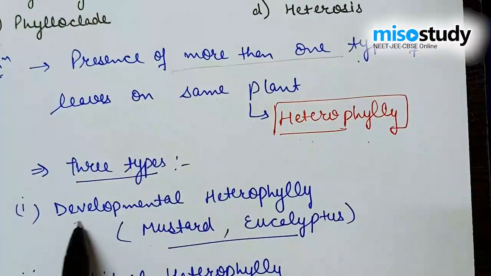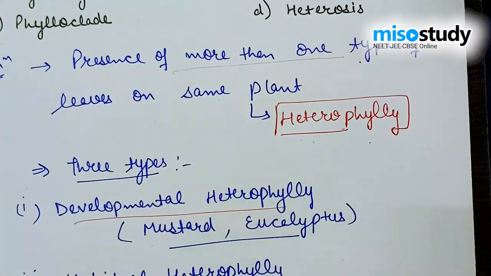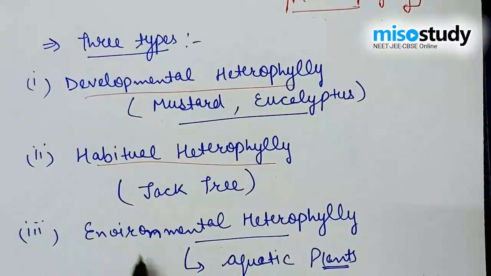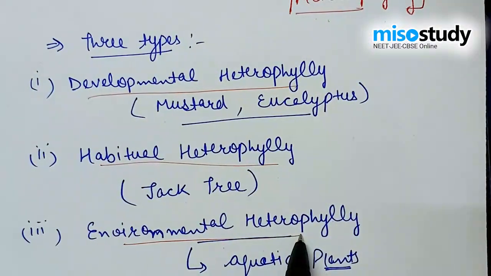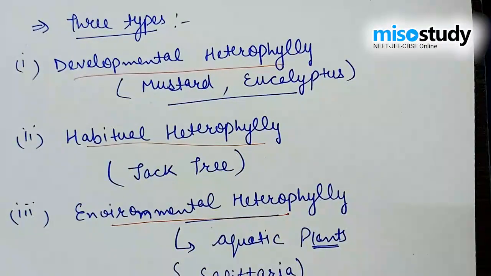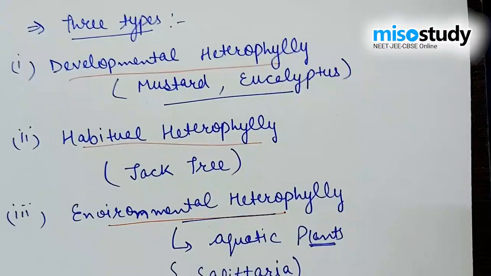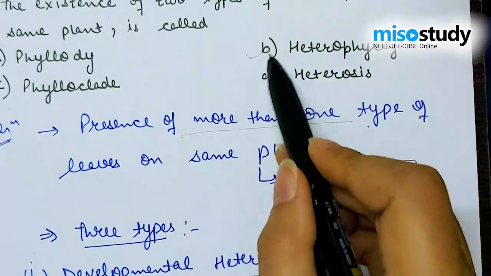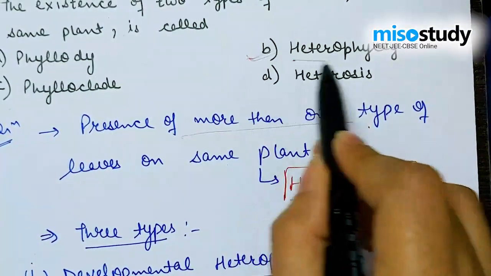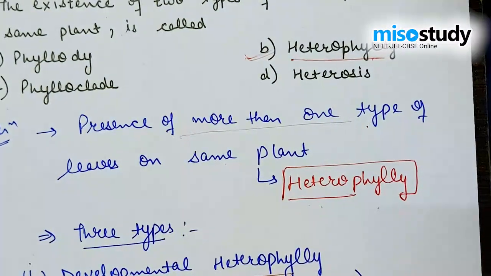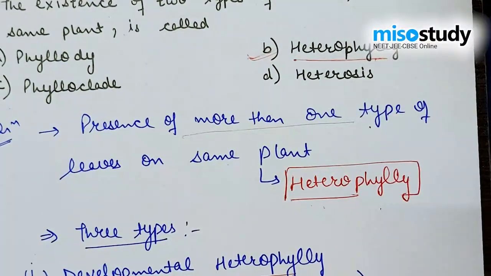They are further categorized into developmental, habitual and environmental heterophylly, which we described along with examples. Option B, heterophylly, is the right answer. Let's move on to the next question.